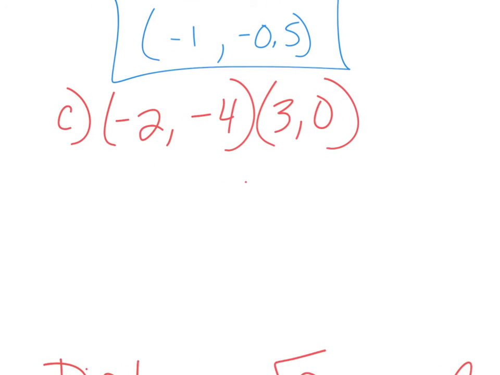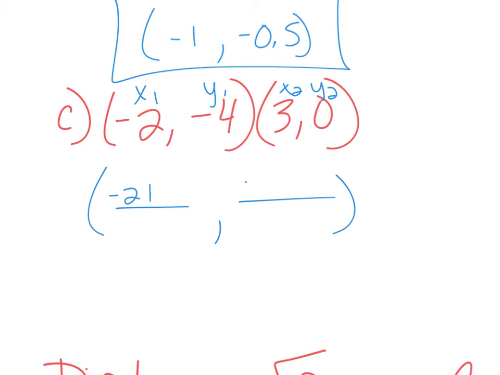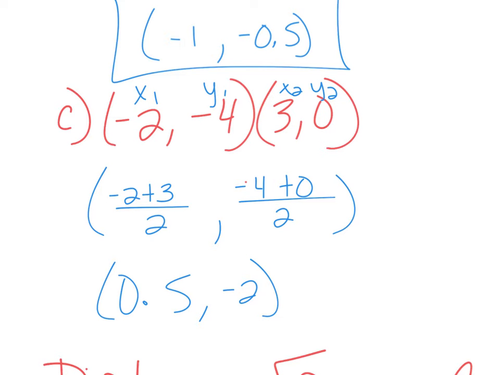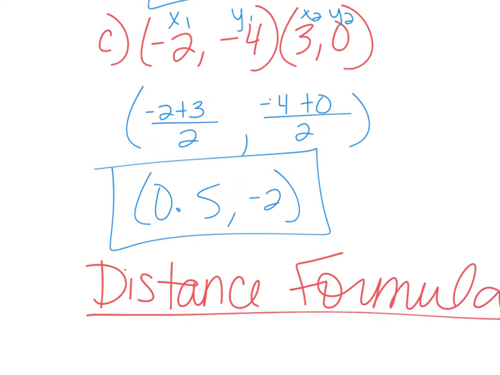Last one of these before we go on to the next one: label x1, y1, x2, y2. Set it up: -2 plus 3 over 2, and -4 plus 0 over 2. I'm going quick to save time on the video. The first one is 0.5, and -4 plus 0 is -4, divided by 2 is -2, with parentheses and a comma.